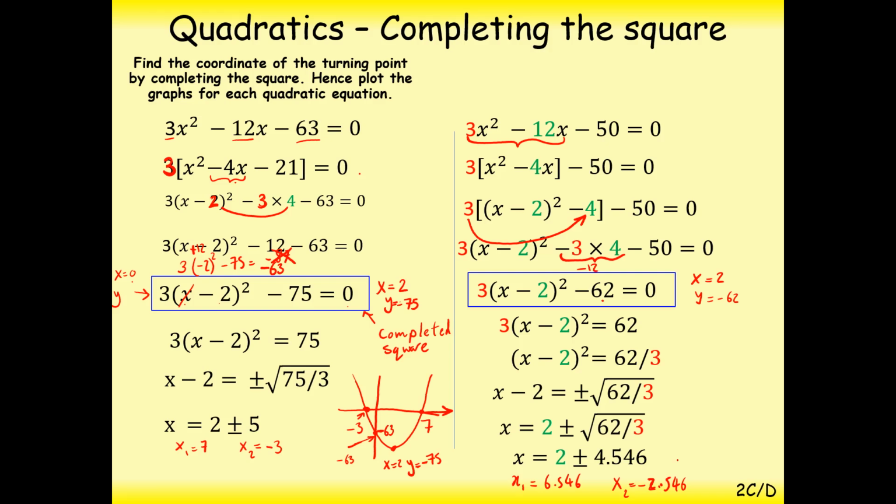Alright, so this tells us that if we have to plot the graph, the right root is 6.546 and the left root is at minus 2.546. The minimum point, notice, is symmetric around 2, so 2 comma minus 62.